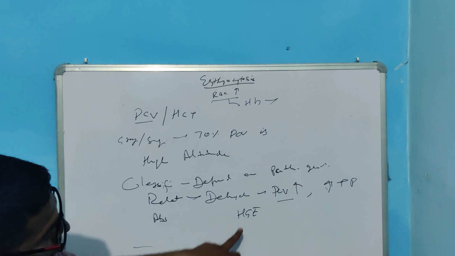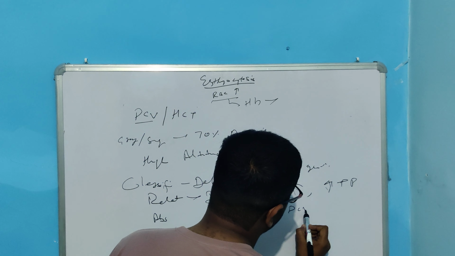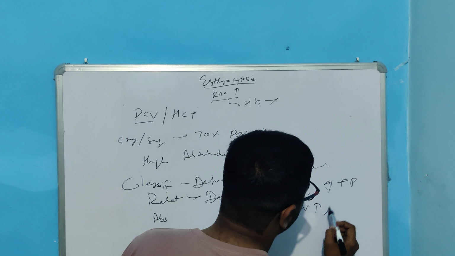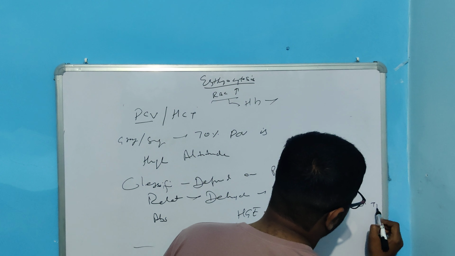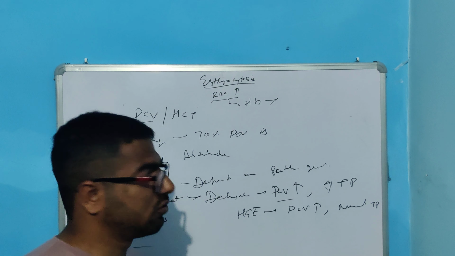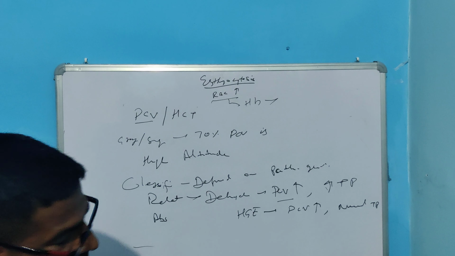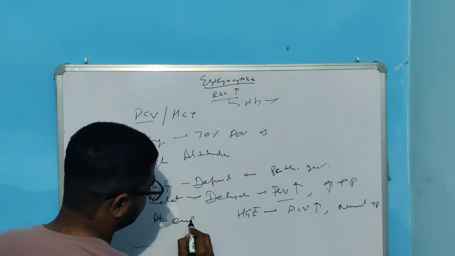There you see the increase in PCV but a normal total protein level, though it is still relative erythrocytosis. This is the one exception.